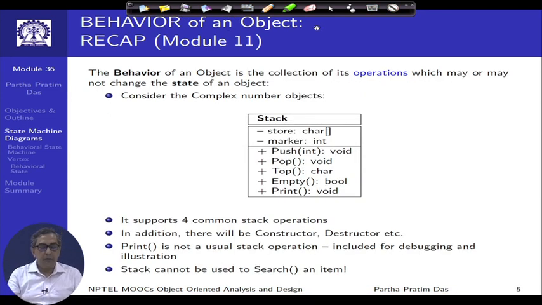We have also seen that based on this there is a behavior of the object, which is based on the combination of operations, which certainly are defined based on the state of the object.